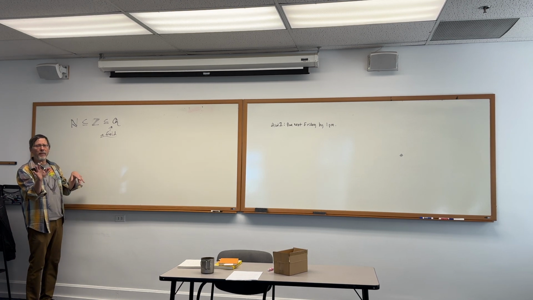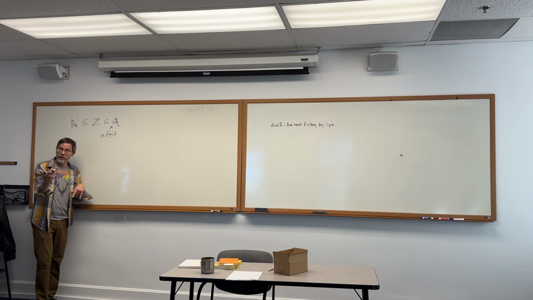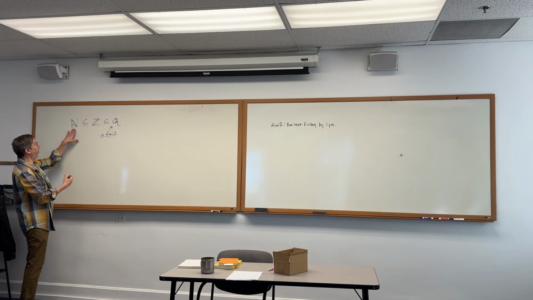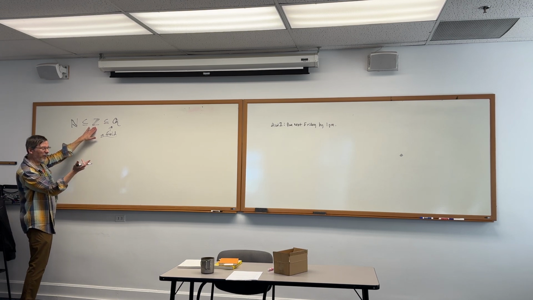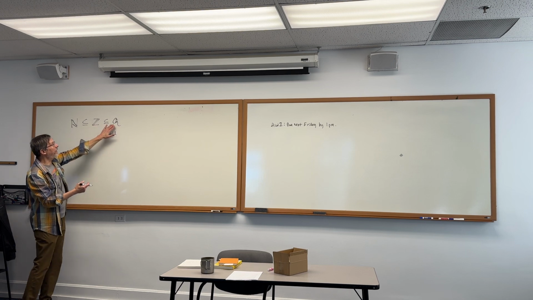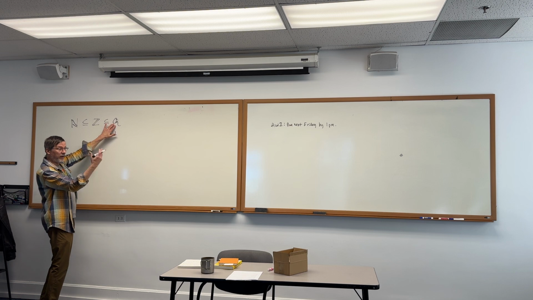So, how many have had abstract already? If you had abstract, there's the idea of a group. This is a group under addition because it's closed under addition. You have inverses. This has 2 group structures on it. It's got the group structure of addition, so you've got plus and minus, and it's closed under those.